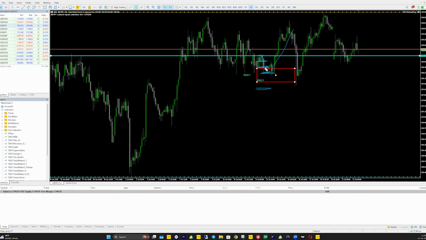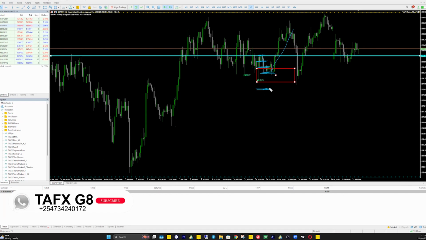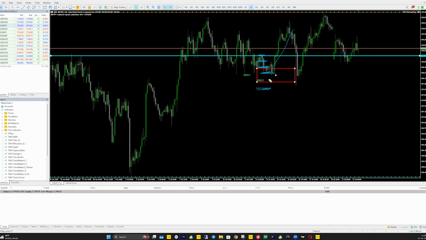So if from here to this SL you would have lost like $100, from here to here maybe the loss can be less than even $50 because it's more than half, all right? It can be less than $50 or even $30. Here can be $50. Here can be $70 because of the distance.